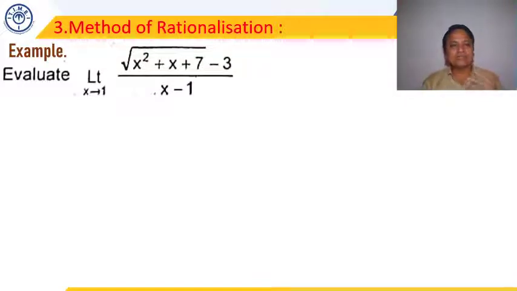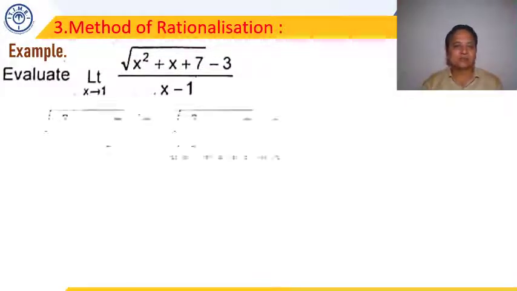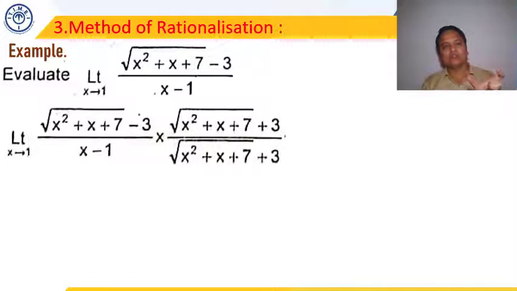So what we do is rationalize this expression. We multiply by the conjugate of the numerator, square root of (x square plus x plus 7) minus 3. The conjugate is square root of (x square plus x plus 7) plus 3, in the numerator as well as the denominator. Technically we have multiplied only by 1, because these two values are the same, but we have multiplied by the conjugate of the numerator.